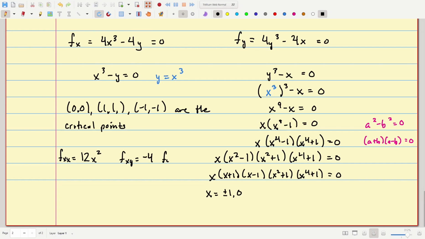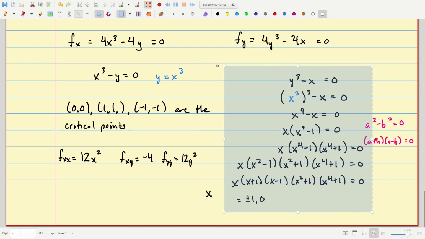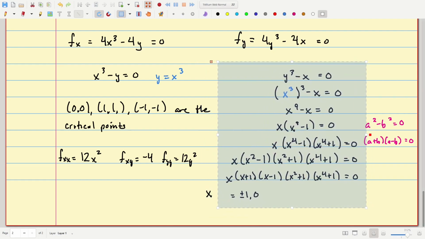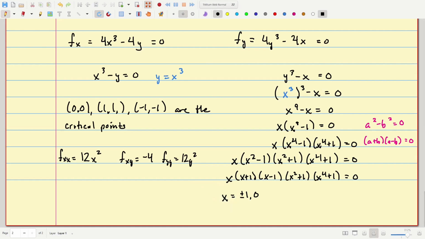And then lastly, we differentiate this with respect to y. Okay. And we can now plug these into the formula for D.